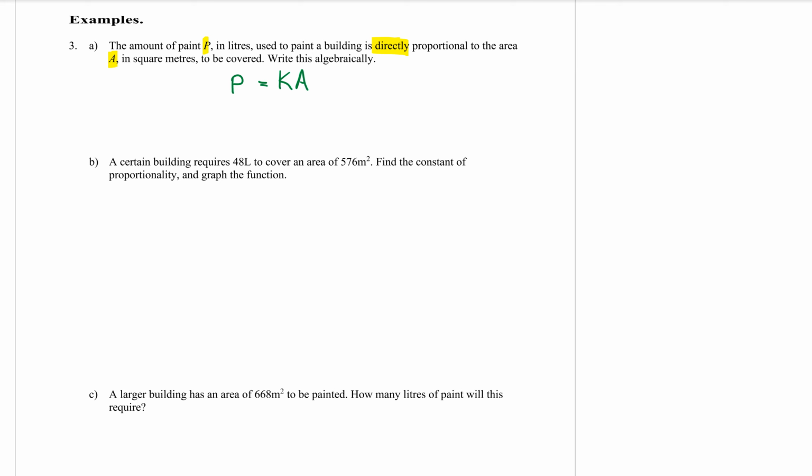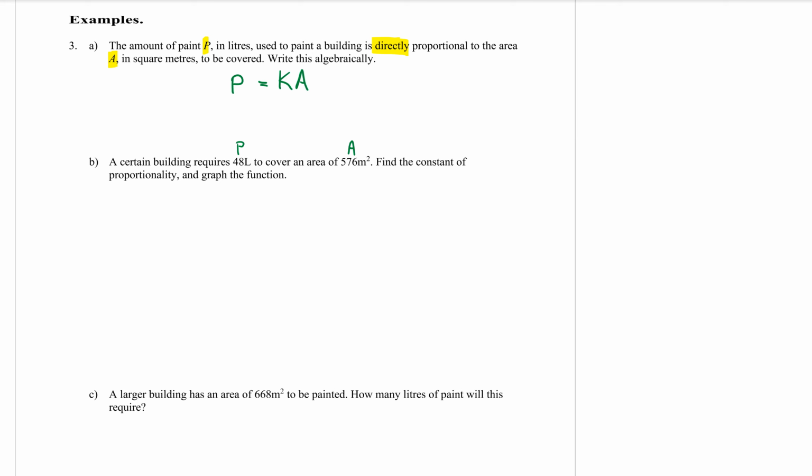Part B gives us more information. A certain building requires 48 litres of paint, that's the P, to cover an area of 576 metres squared, that's the A. Find the constant of proportionality, find that K, and graph the function.